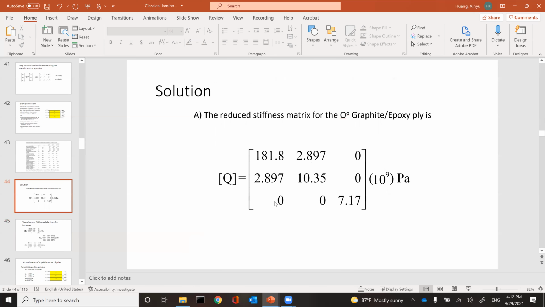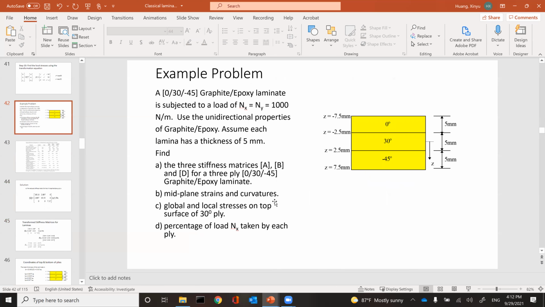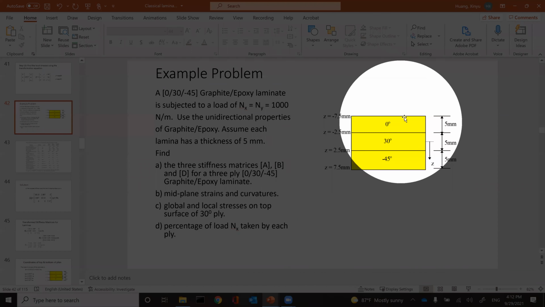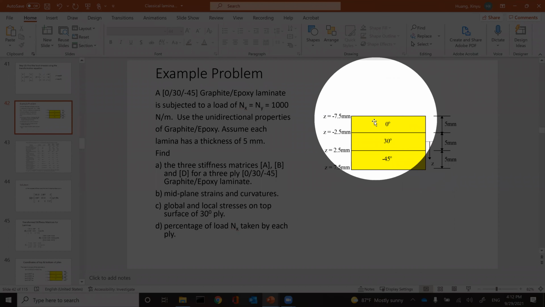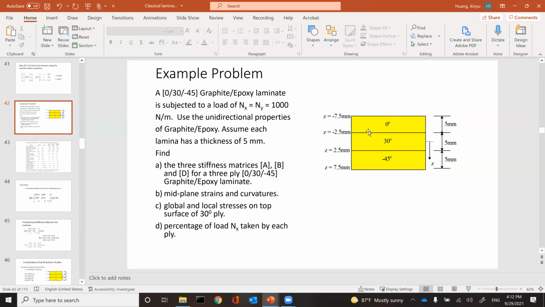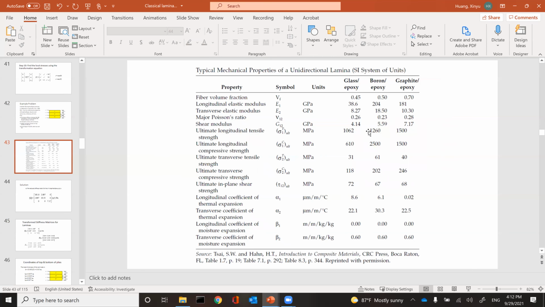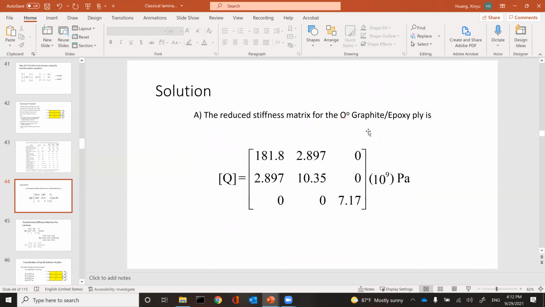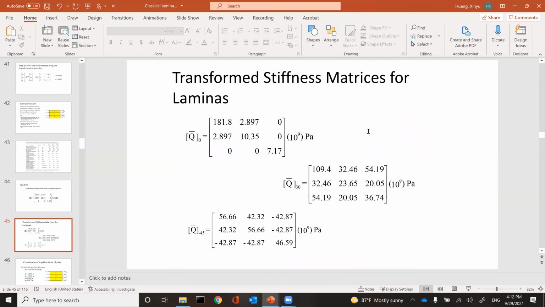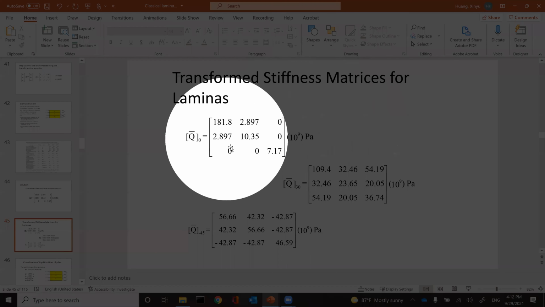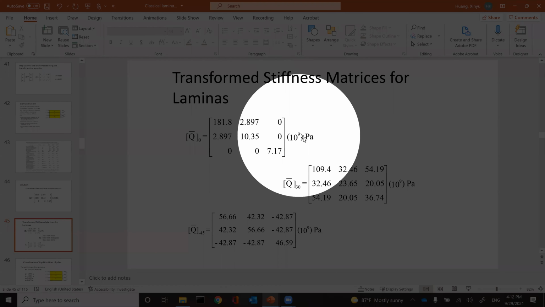The first layer is 0 degree, so the 1 direction is the same as the x direction. So that Q bar matrix doesn't change. It's the same as the Q matrix because it didn't rotate.